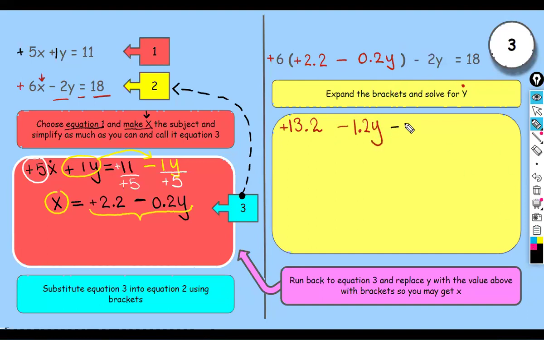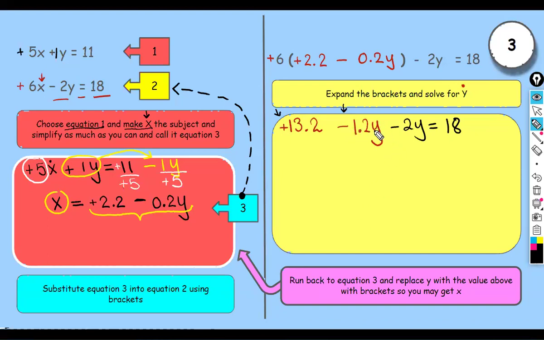We have the minus 2y is equal to what? 18. How many people have got up to there? Like you have the signs correct as well. And well, obviously the numbers that are red, right? So look for any little, obviously if they get the top part wrong, everything else underneath is going to be wrong, right? So now we want to solve for the letter Y.